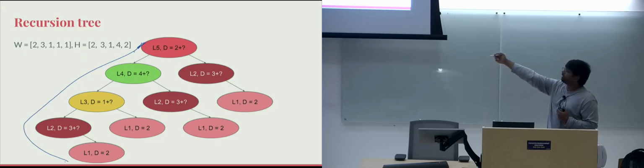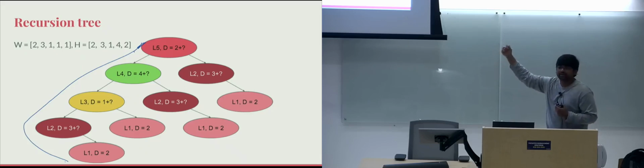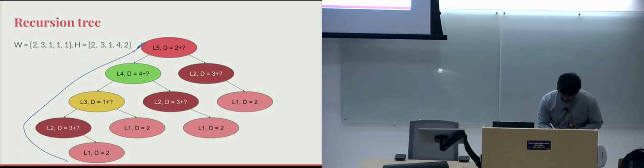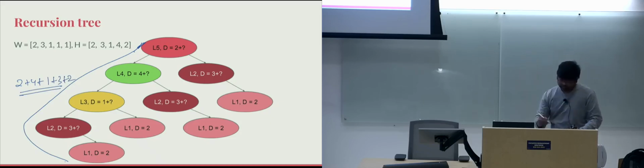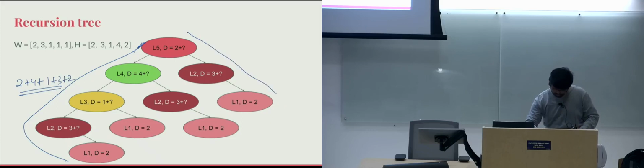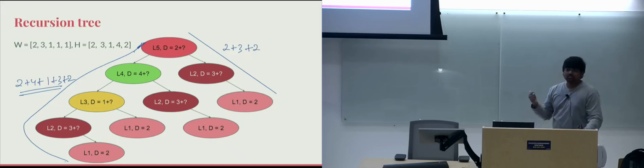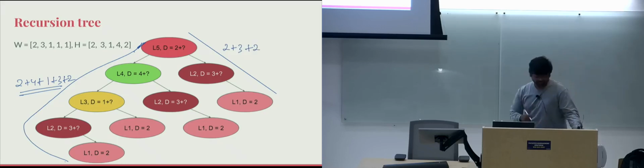It will be the sum of all the d values, that is the damage that you are taking at each level. So for this path, it will be 2 plus 4 plus 1 plus 3 plus 2. Is it clear for this particular path? Similarly, if you choose to go this way, then it will be 2 plus 3 plus 2. Make sense? Yeah.